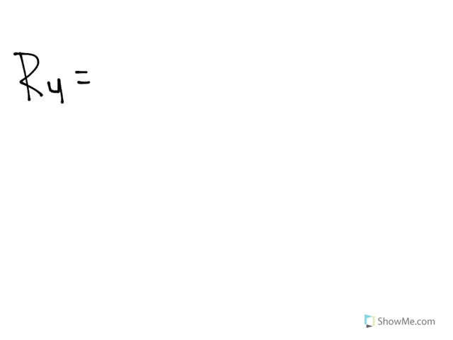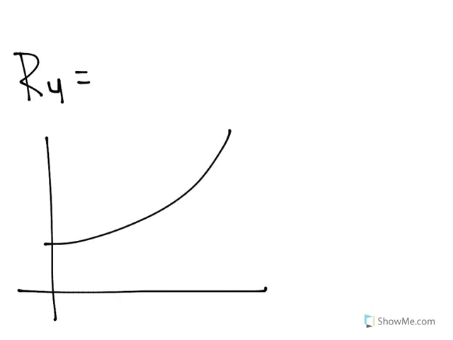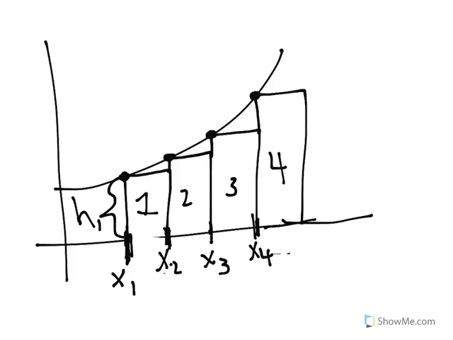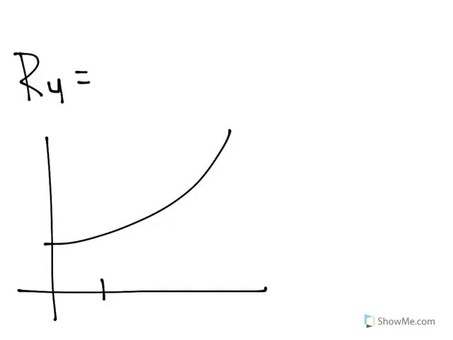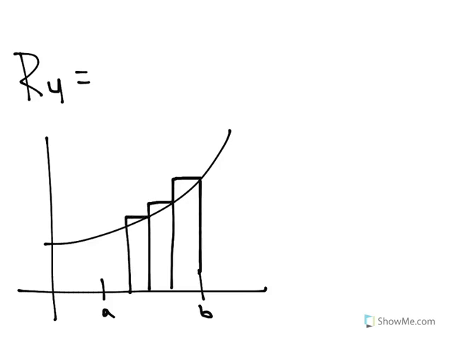Let's go back and take a look. If we had a function that looks like this, and we were going from, what was our input? Did we even label it? We just said A to B, I think, right? So let's go from A up to B. Now, in this case, our x1, x2, x3, x4 would actually be values that aren't on the left endpoint of each rectangle. Now they're values that have to be on the right endpoint of each rectangle.